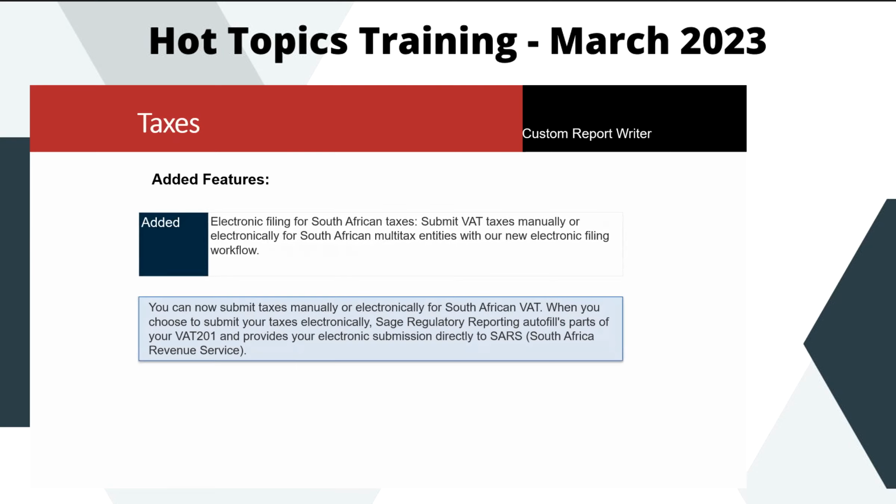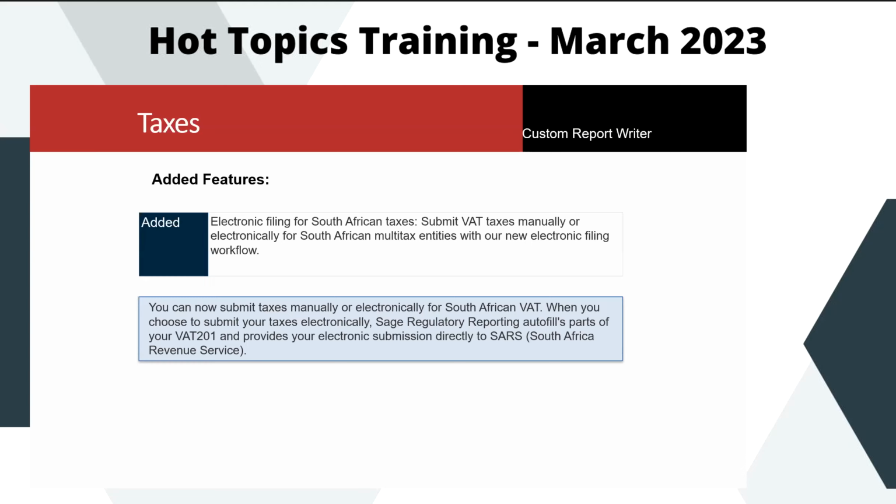One of the other noted updates is in taxes. Any business that has operations within South Africa can now electronically file for your South African taxes. You will submit your VAT tax manually or electronically for your South African multi-tax entity with our new electronic filing workflow.